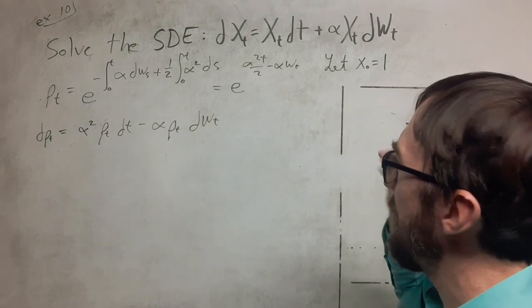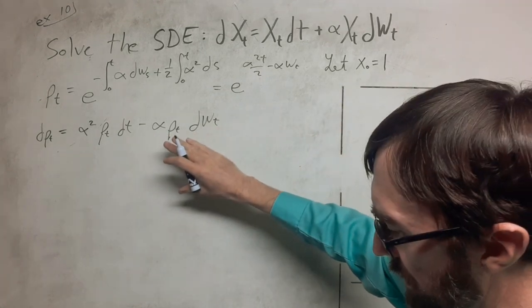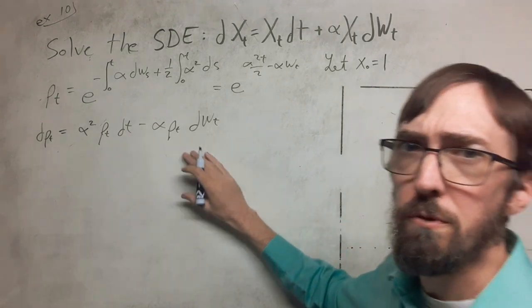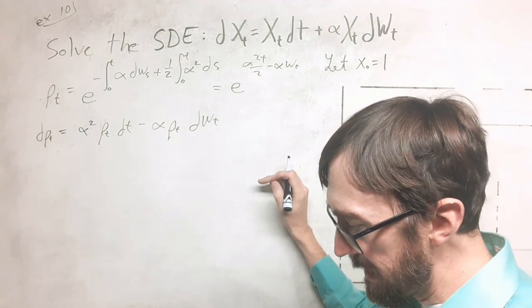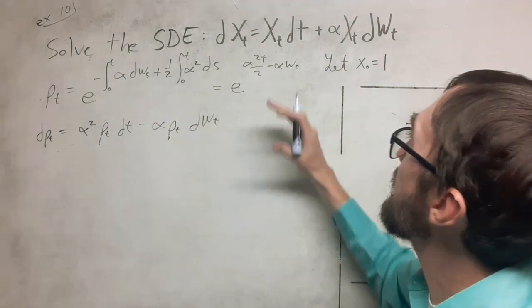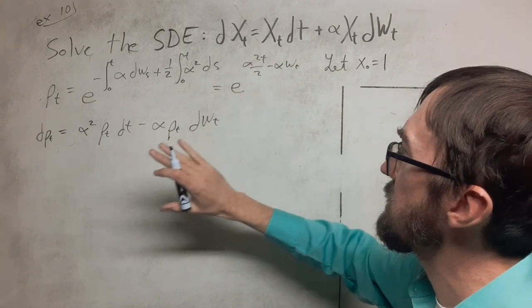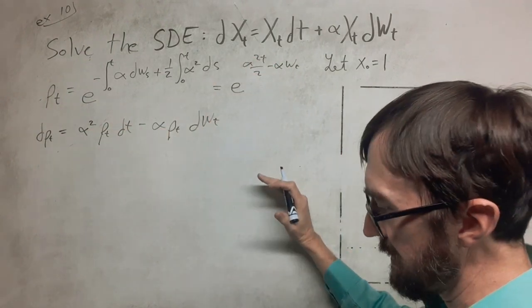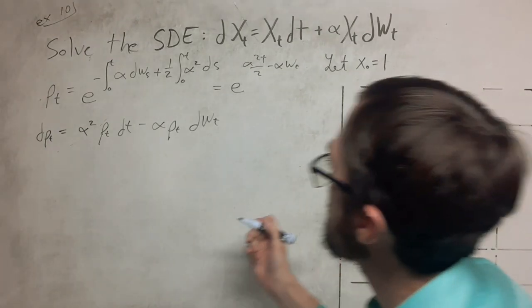And then the next thing after this, we want to multiply this derivative by x sub t. And we don't know what x sub t is yet, so we're just literally going to put x sub t terms into this.